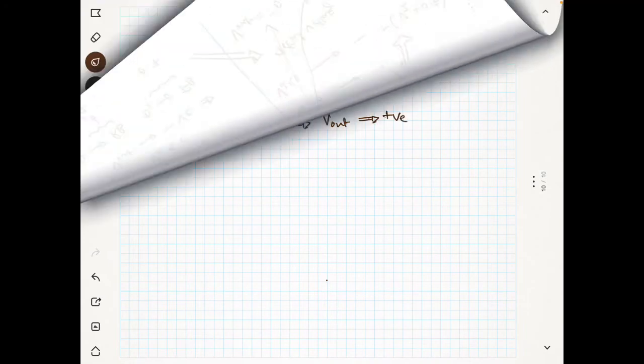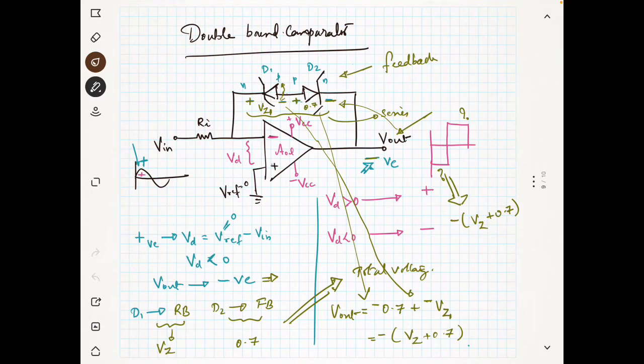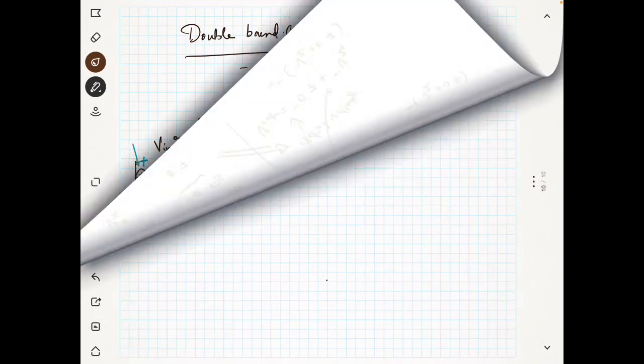So we will see what will happen when V out is positive. When V out is positive, across this diode you will again get positive and negative, because this is positive and this is also positive. So what is happening to diodes D2 and D1?